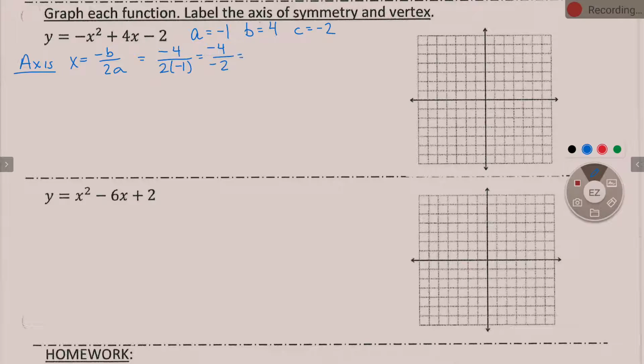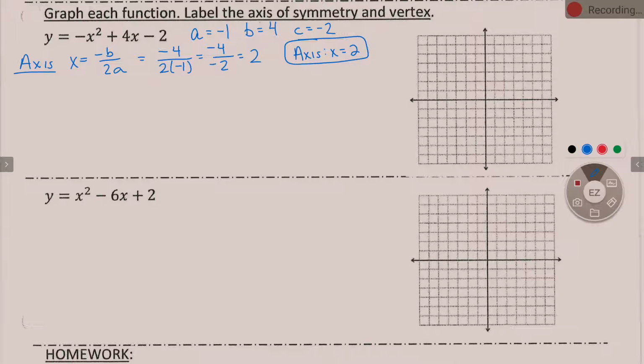Negative 2. Negative 4 divided by negative 2 is 2. And so what is our axis of symmetry? X equals 2. Okay. So axis of symmetry is x equals 2.